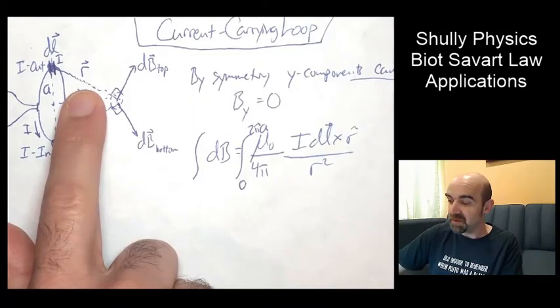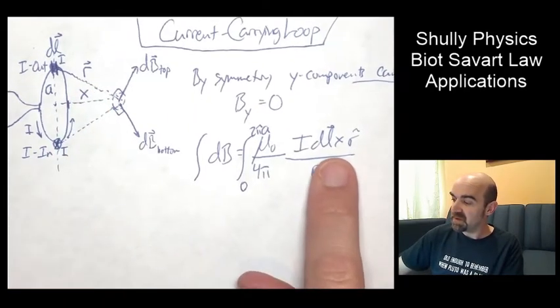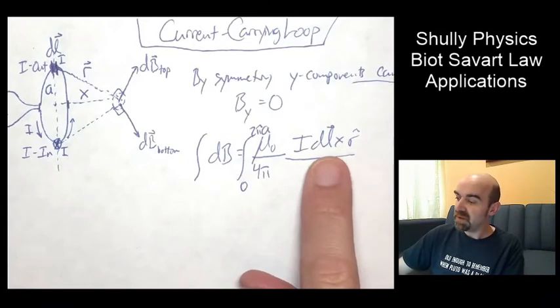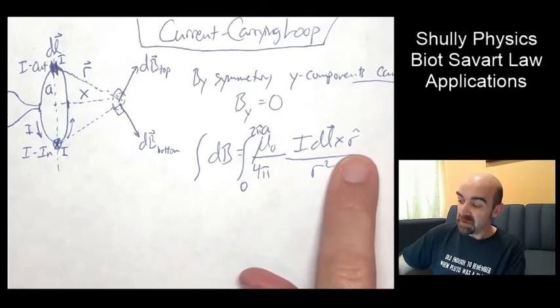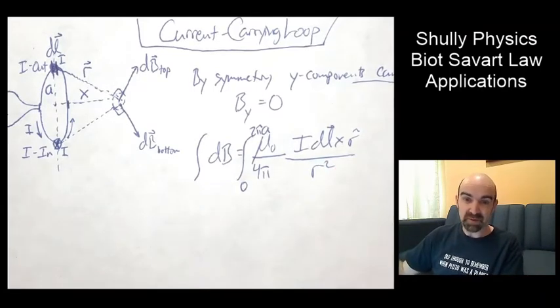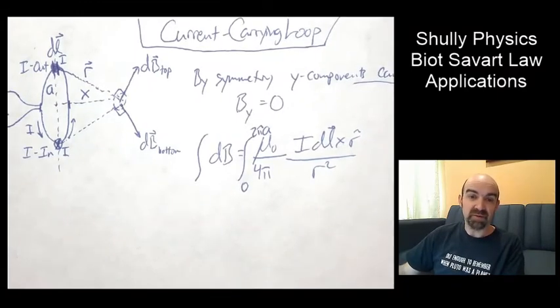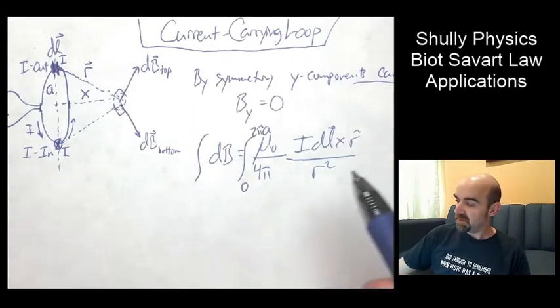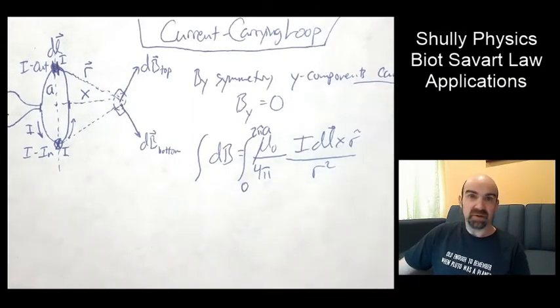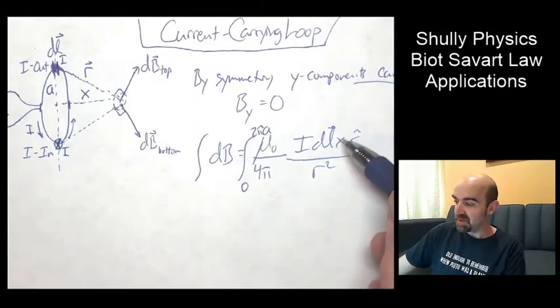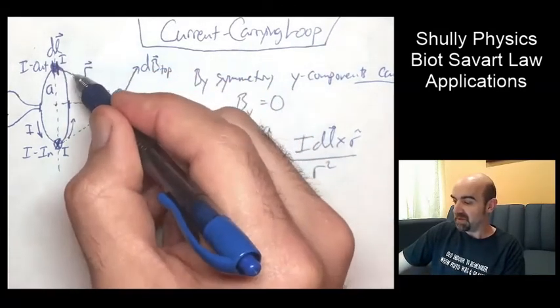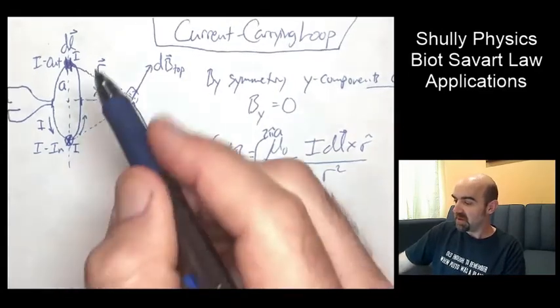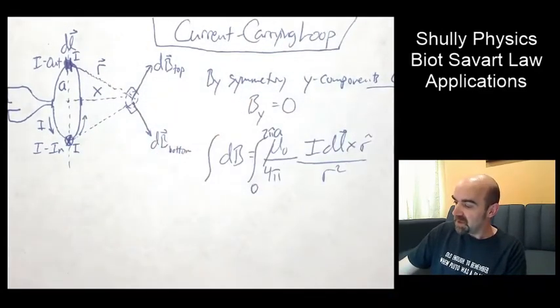So if we consider the cross product as dl times r times sine of theta, being equal to the vector product of the vectors dl cross r hat, then we're always going to get a 1. A sine of 90 degrees is 1. They're always perpendicular to one another. So we don't need to worry about the angle between dl and r hat, the direction of r. They're always perpendicular to one another.